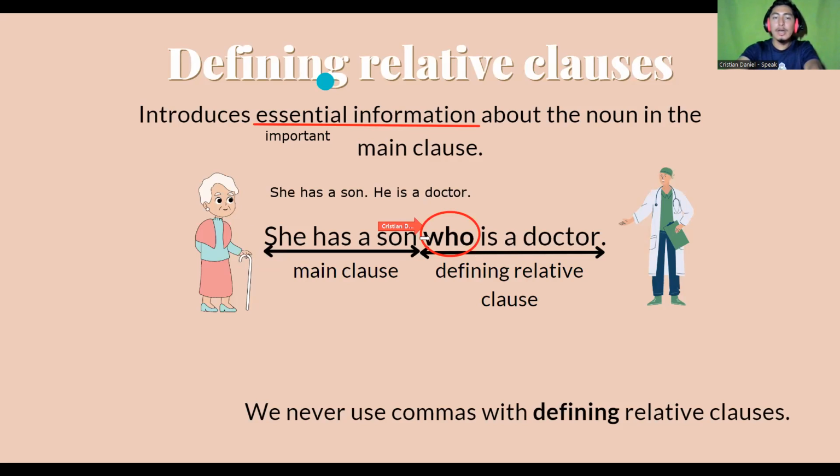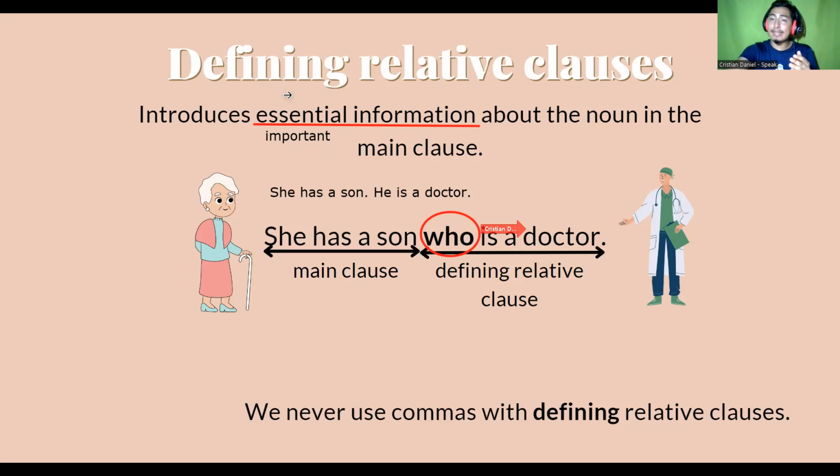She has a son who is a doctor. So when we use the relative pronouns, we link or join the two sentences. Why? Because in this example, the most important part of the sentence is that her son is a doctor. This is information that we want to mention about him.